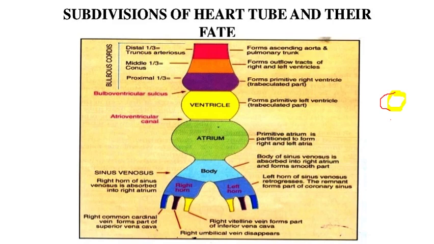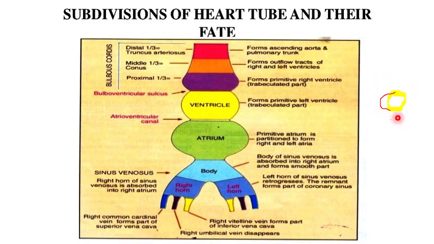That is because the proximal 1/3 is the only part that contributes to the formation of the right ventricle and is thinner, and the primitive ventricle, the whole, will give rise to the formation of the left ventricle. So that's how the myocardium in the right and left ventricles differ.